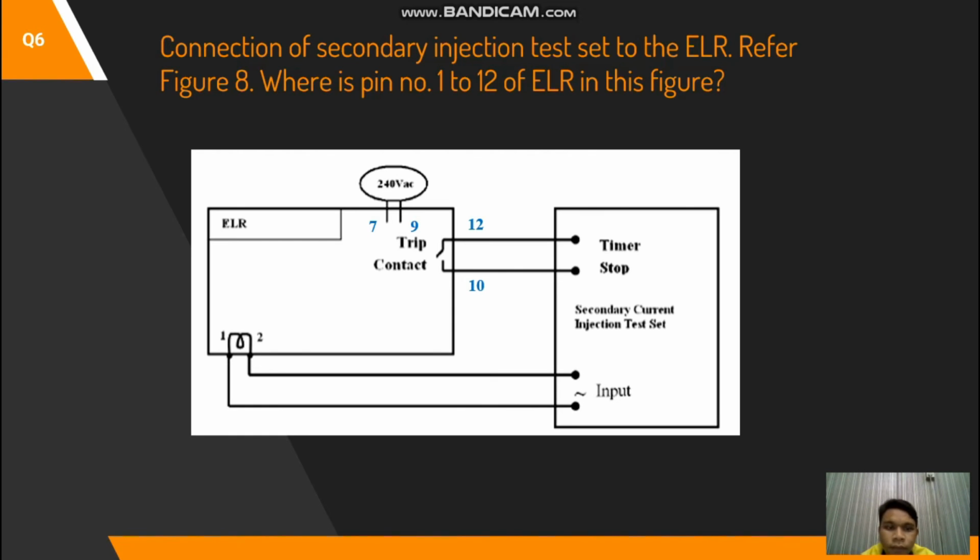Pin number 7 is the negative terminal that is connected with the auxiliary AC supply, and pin number 9 is the positive terminal that is connected to the auxiliary AC supply. Pin number 10 is the connection to the shunt trip, and lastly pin 12 is the terminal that is connected to the trip contact.